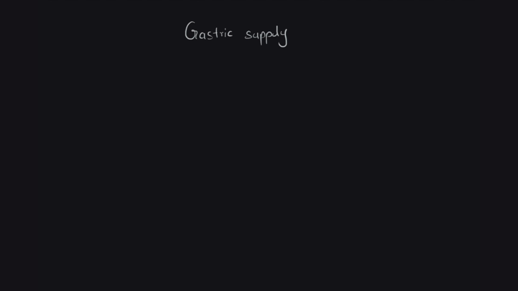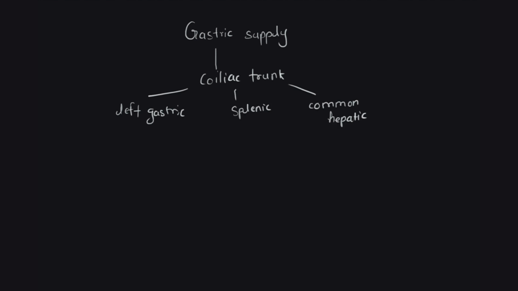Let us understand about the gastric supply of the stomach. The stomach is supplied majorly by a branch of the abdominal aorta known as the celiac trunk. The celiac trunk is divided into three parts: the left gastric, splenic, and common hepatic. Here we're going to be concentrating on the left gastric artery and the splenic artery.